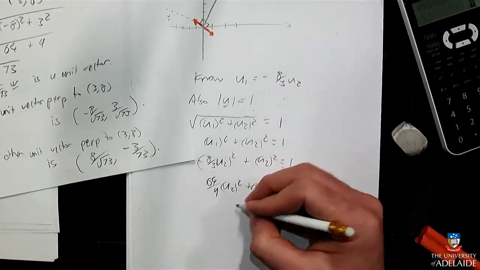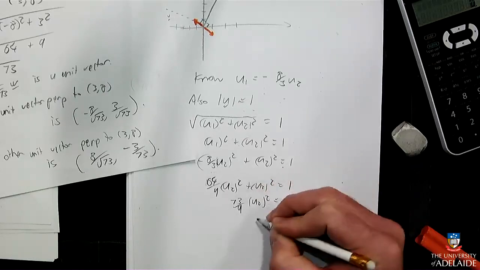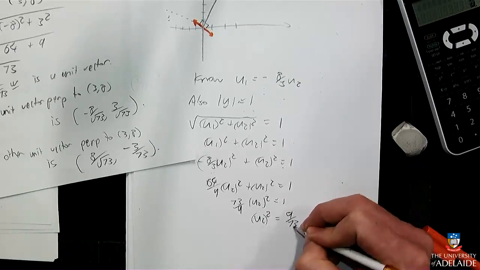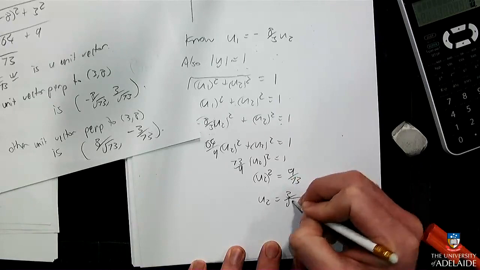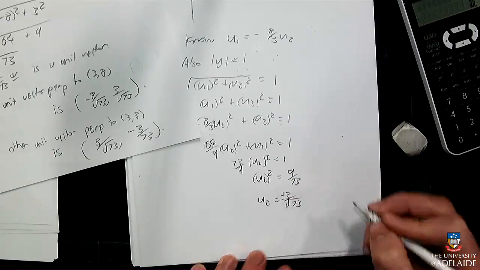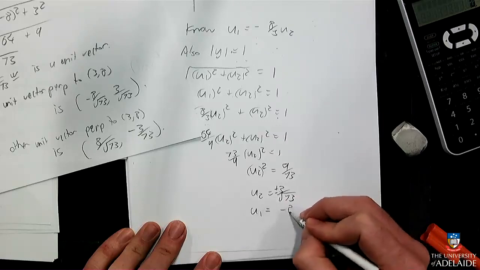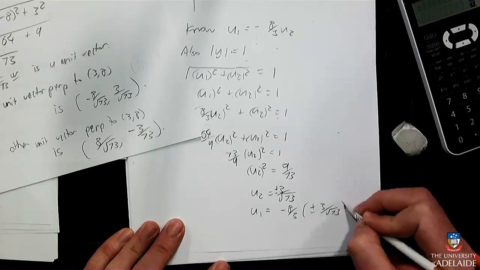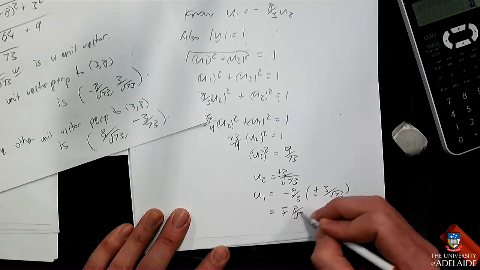Which means that 73 ninths of U2 squared is 1, which means that U2 squared is 9 on 73, which means that U2 is plus or minus 3 on root 73, which means that U1 is minus 8 thirds times plus or minus 3 on root 73, which would be minus or plus 8 on root 73.